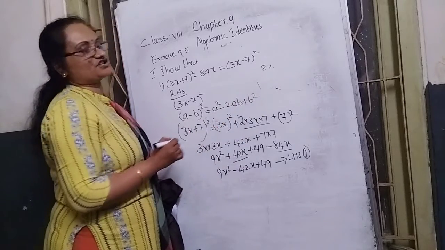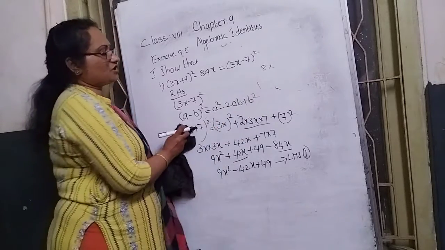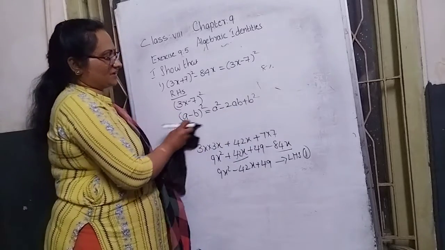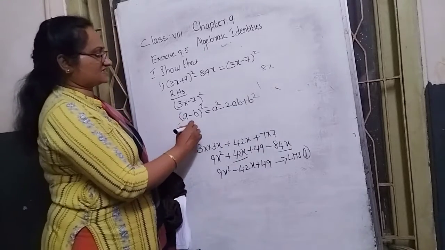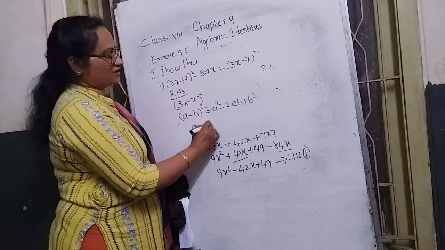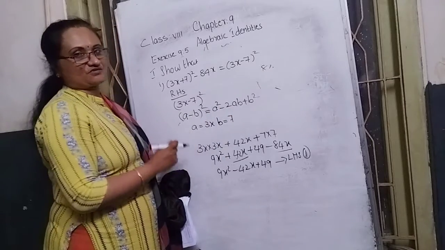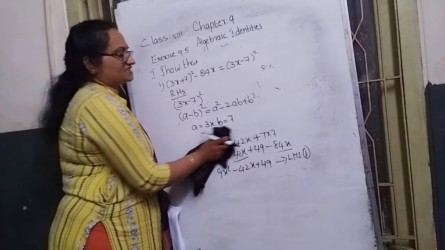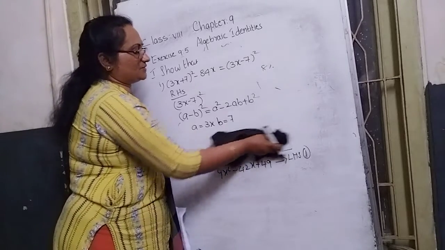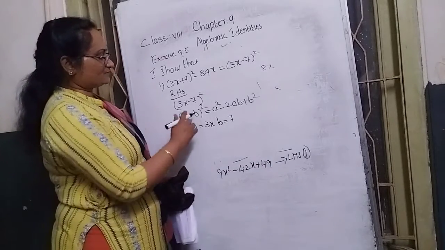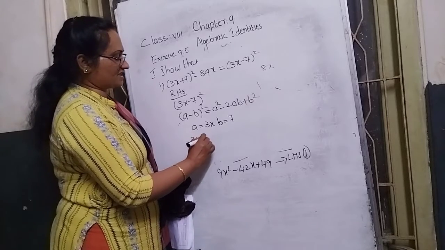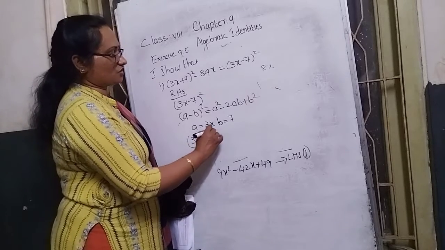In this bracket, a value is 3x, b value is 7. Substitute a place 3x, b place 7.